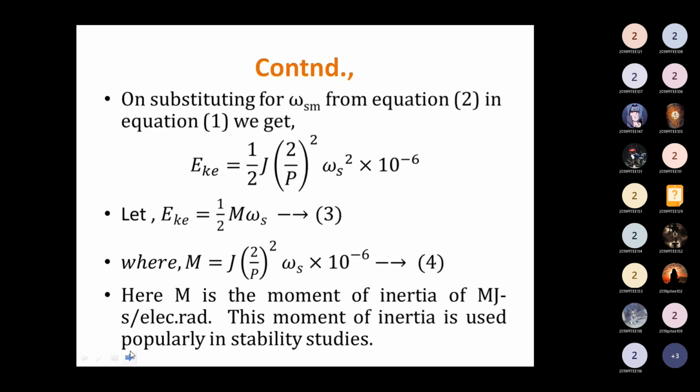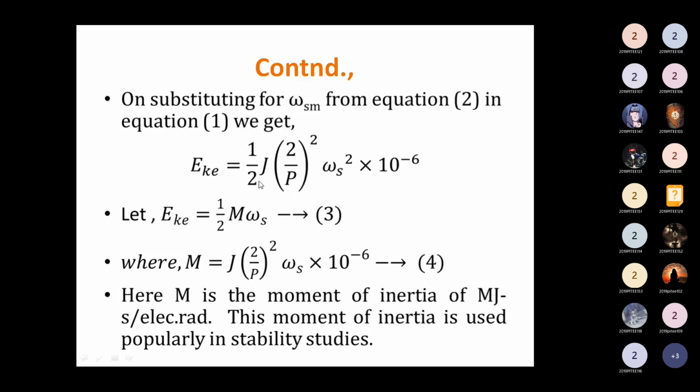So the basis should be continuous on substituting omega sm from equation 2 in 1. I'm just substituting equation 2 in 1. In place of omega sm, I'm substituting 2 by P times omega s.